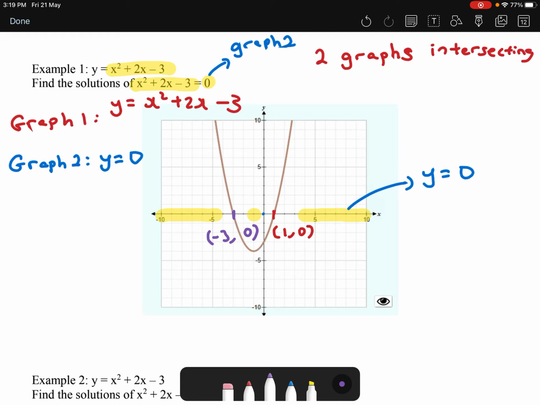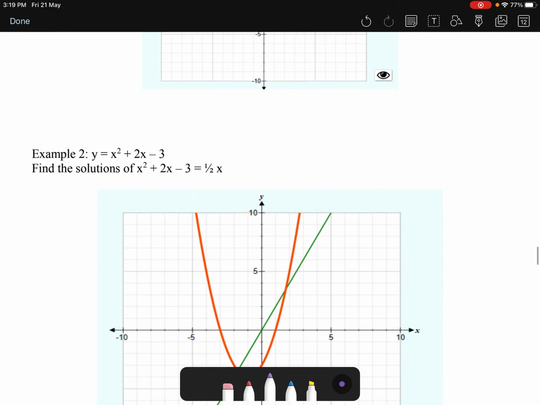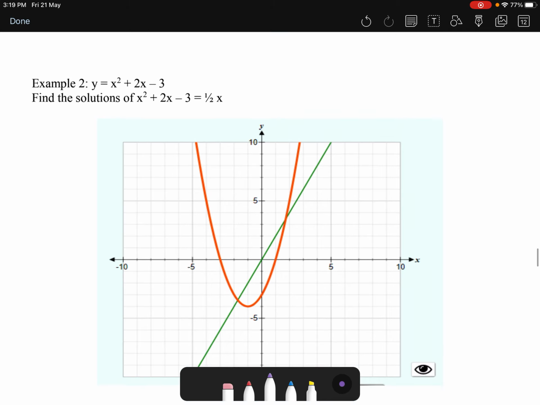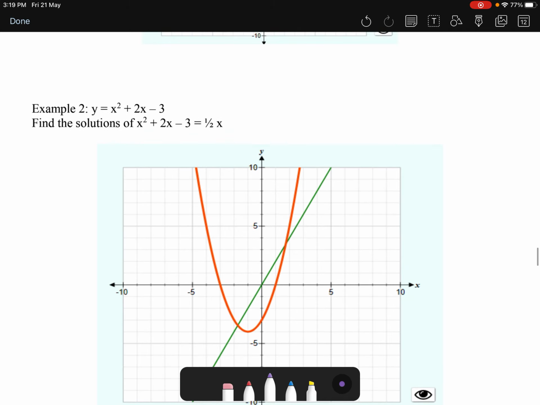So let's take a look at example 2. In example 2, we have this graph y equal to x squared plus 2x minus 3. This is my graph number 1.